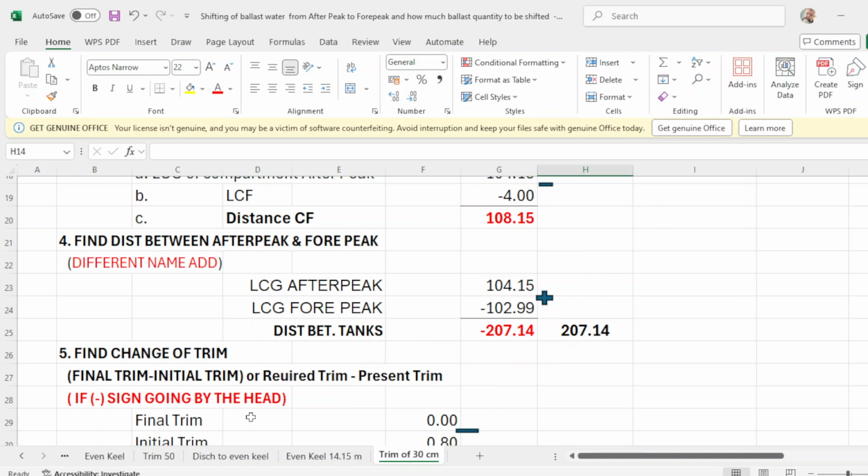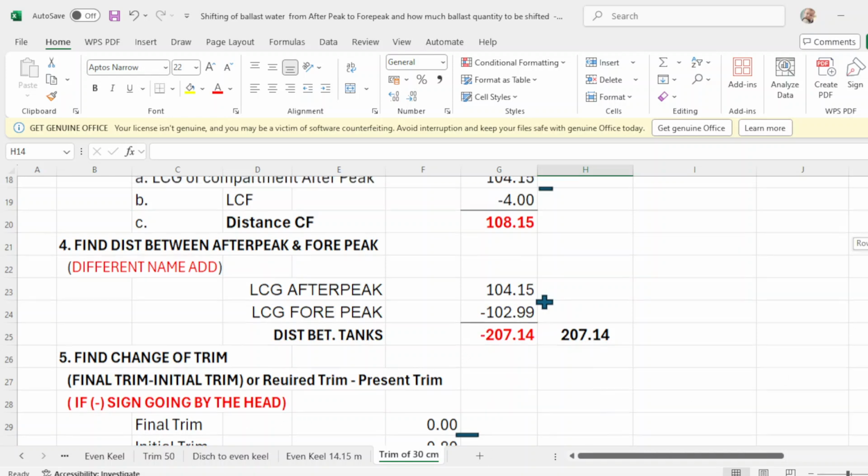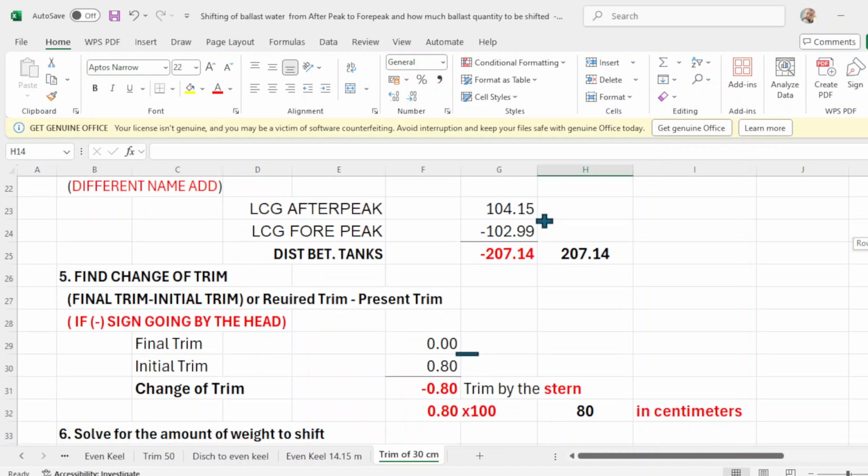Okay, then number 5. Find the change of trim. Of course, your initial trim was 80 centimeters by the stern, and you want to make it even keel, so your final trim will be 0.